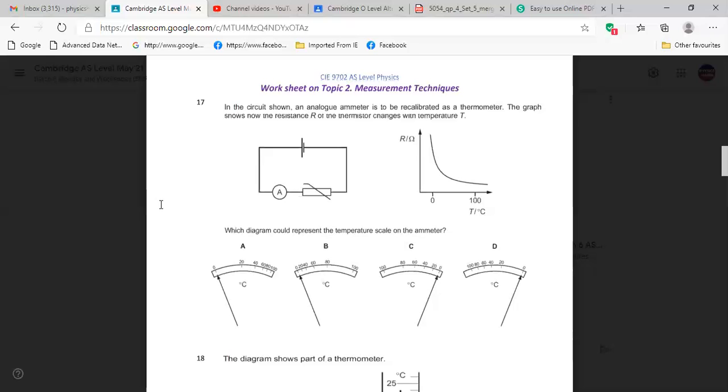So you write this in your copy: in a thermistor, resistance decreases with increasing temperature.